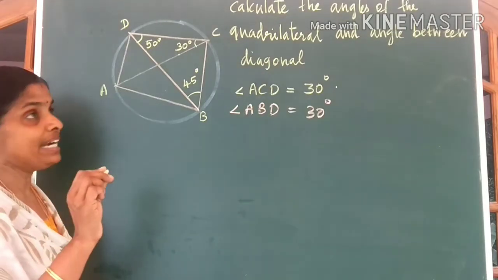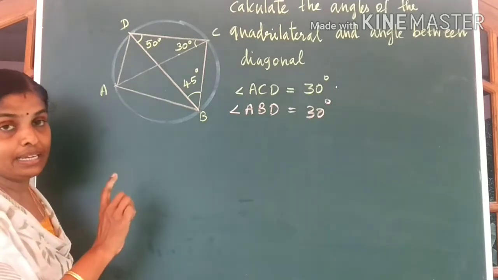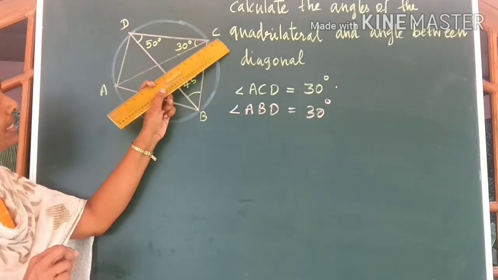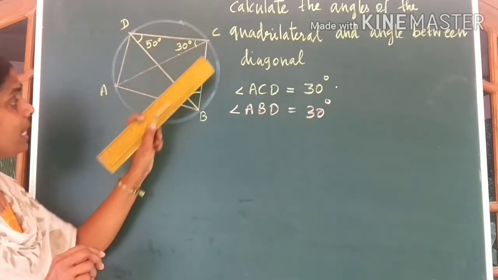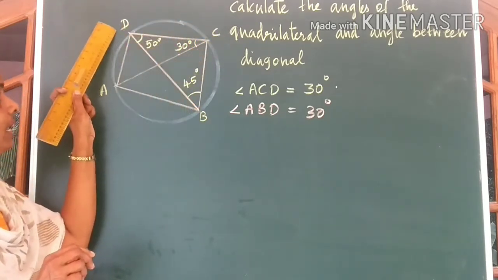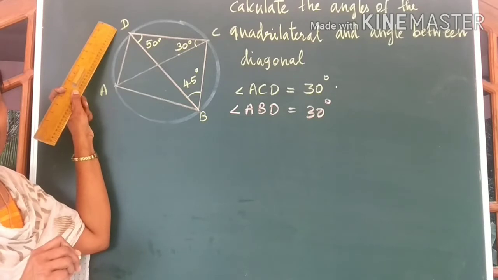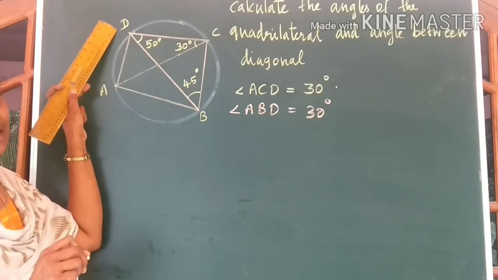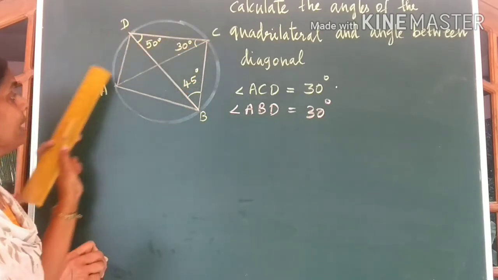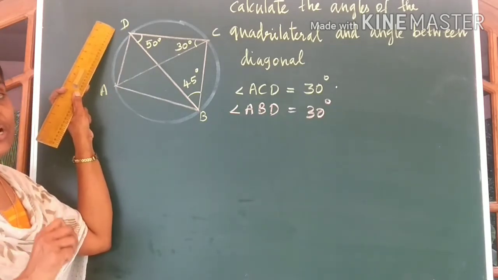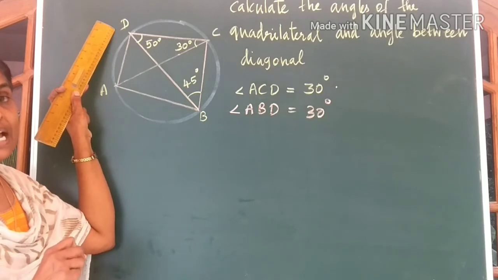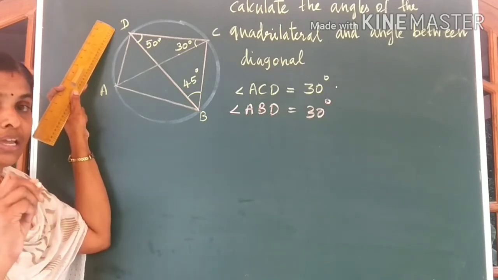Now consider arc CD. Arc CD makes an angle CBD in its alternate arc. Also it makes an angle CAD in its alternate arc. So what can you say about both these angles? They both are equal.